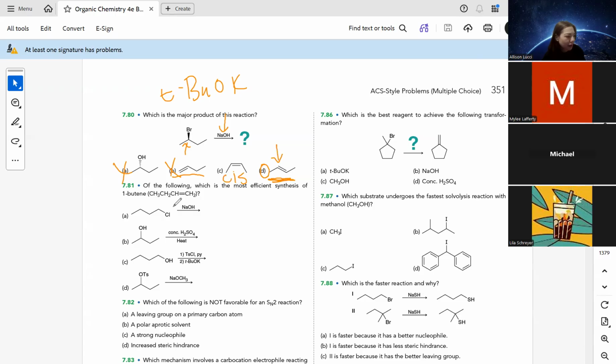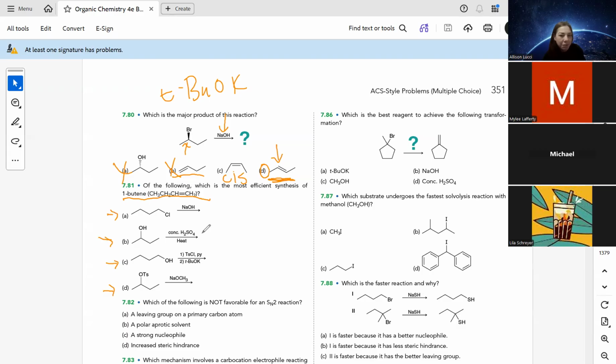So let's see here. We can do 81 together as well. Now we have butene. We want to synthesize 1-butene, and we're given a primary alkyl halide, a secondary alcohol, a primary alcohol, and then a secondary tosylate here.